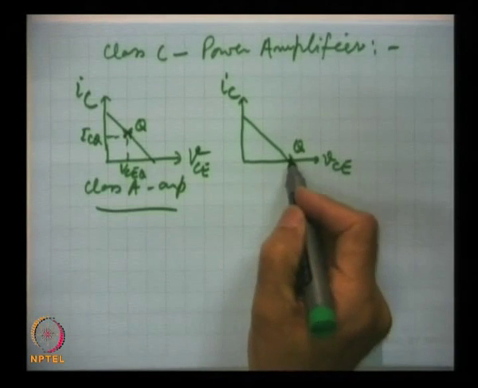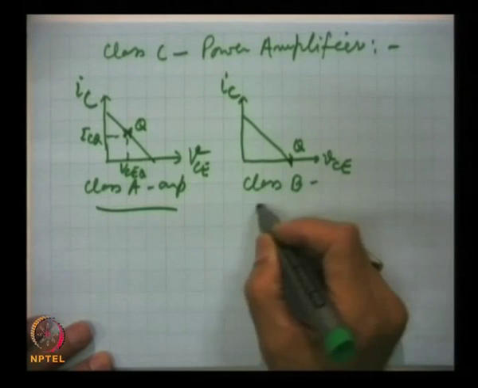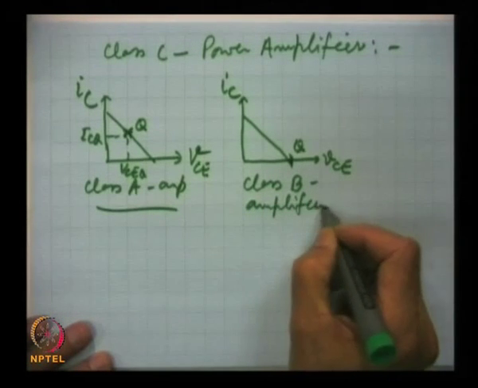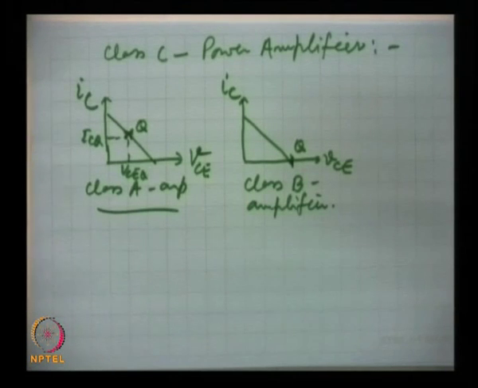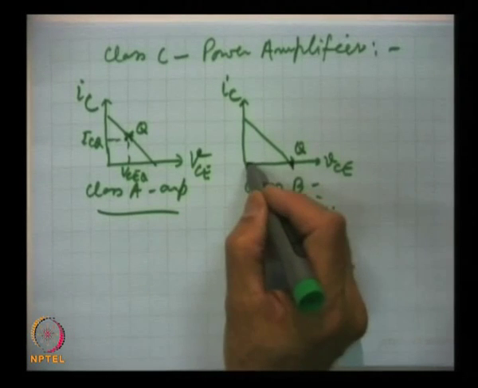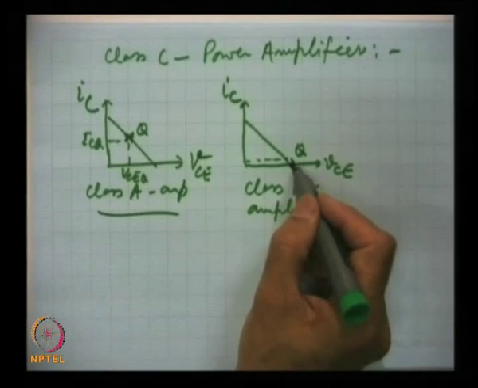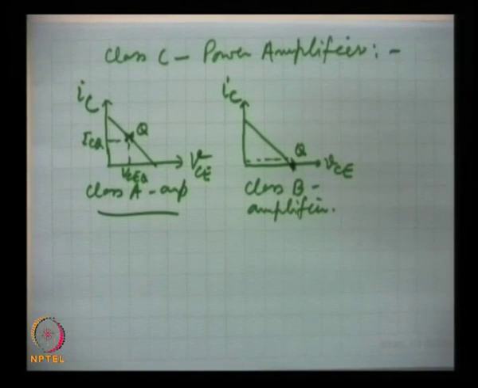In this case, in class B operation, when there is no signal, ICQ is 0. Even in AB operation, the trickle current is very small, but let us keep the operation pure B operation. So, there is no current, and hence the collector circuit is not taking any power from the DC source, and that is one reason that the efficiency is high.